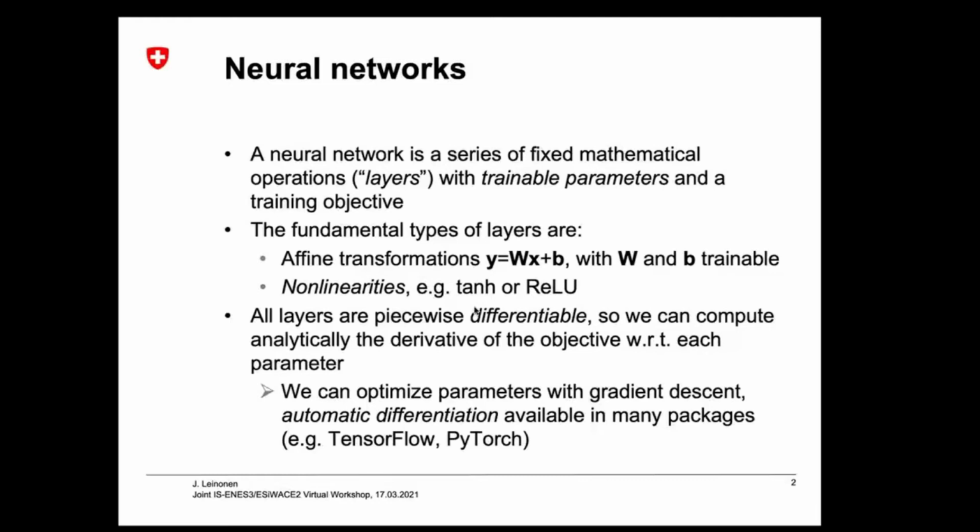And the two fundamental types of layers that we see in neural networks are these affine transformations, which have basically a trainable matrix and a trainable bias term. And then the other fundamental type are these nonlinearities.